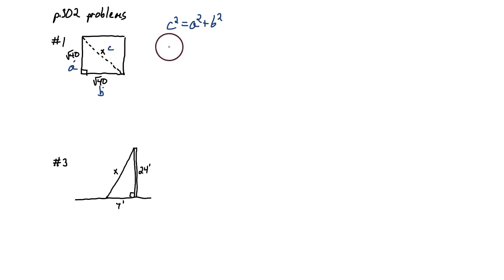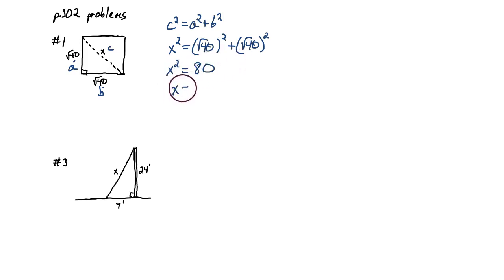Let's make substitutions. x squared equals the square root of 40 squared plus the square root of 40 squared. This makes x squared equals 40 plus 40, which is 80. Now let's solve for x by doing a square root. Remember in an earlier lesson, we said that when you do a square root, you get 2 answers, plus and minus.